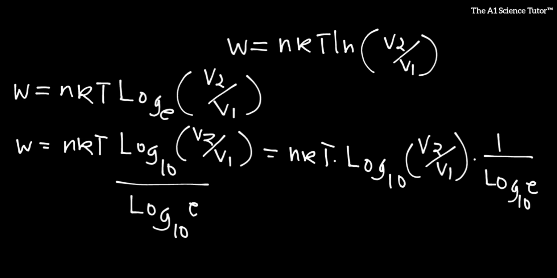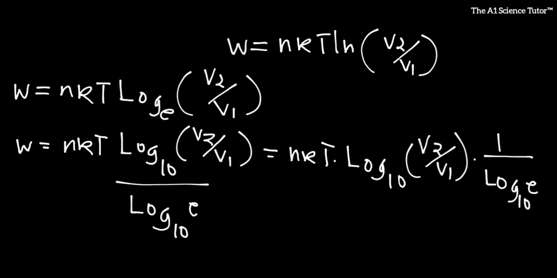Now it turns out that 1 over logarithm to the base 10 of e is a numerical constant, so we actually know what it is. If you punch this into the calculator, that would give you 2.303.